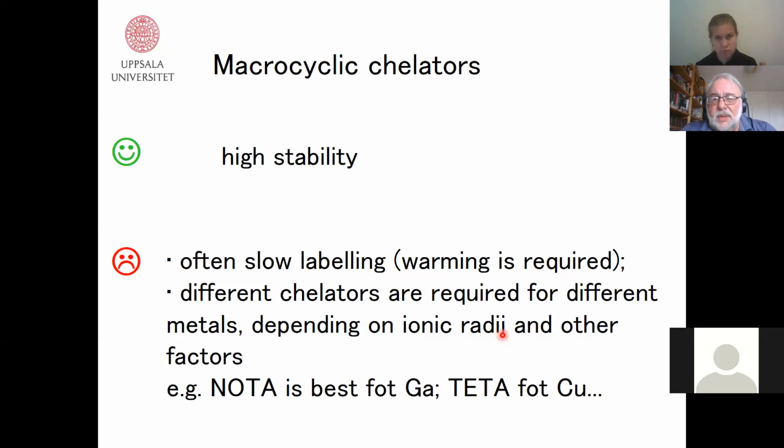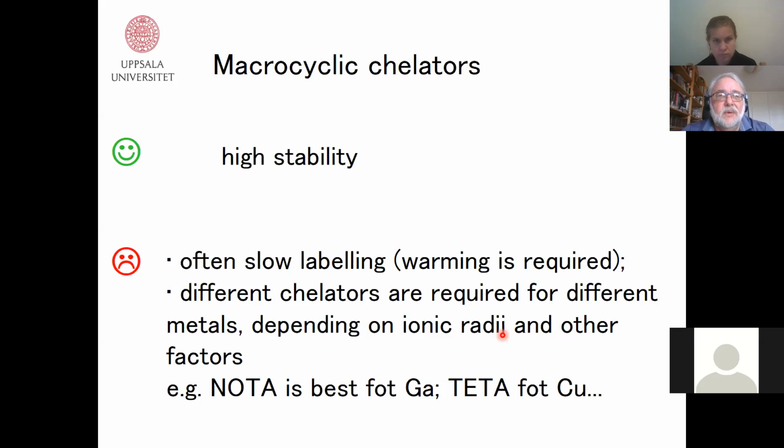Another issue is the ratio between the ionic radius of a metal and the central cavity of such a macrocyclic chelator. So you have to have an optimal distance between the radiometal ion and the nitrogens which act as electron donors.